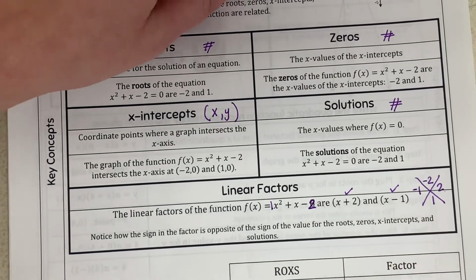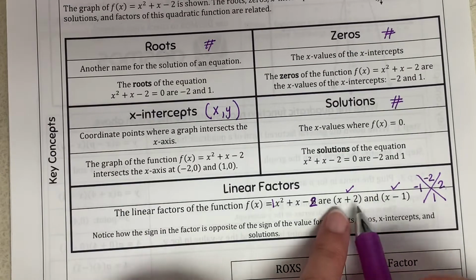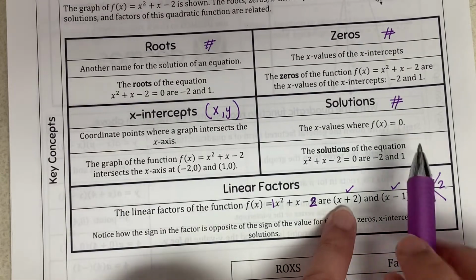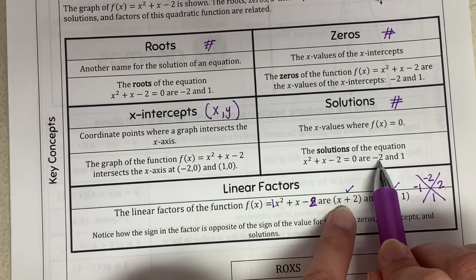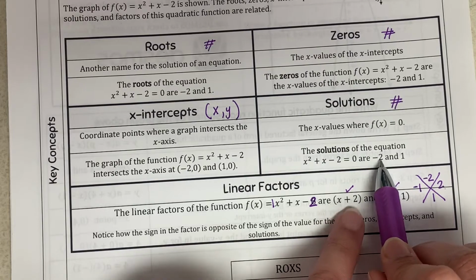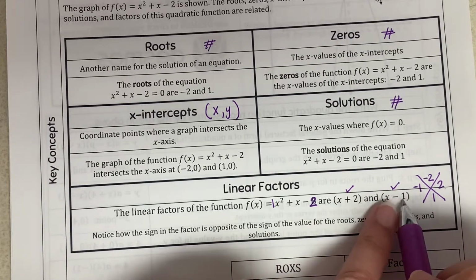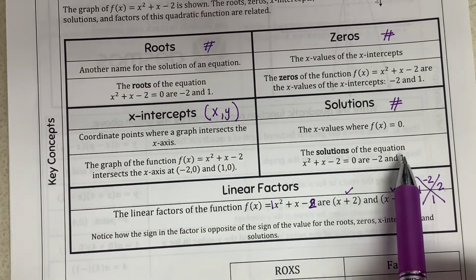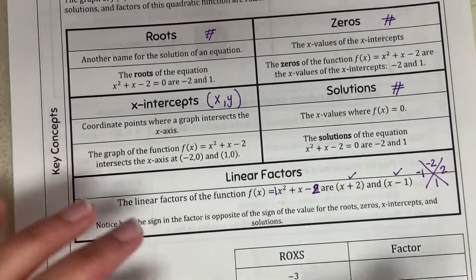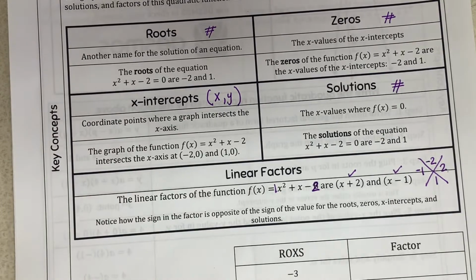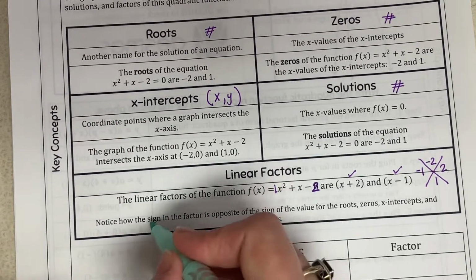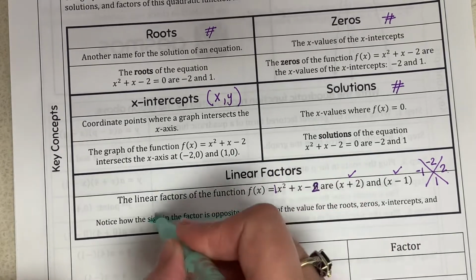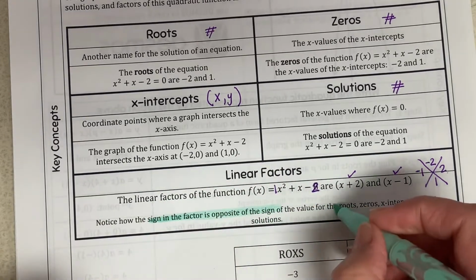Now I want you to pay attention that your factor is a plus 2, but your 0 or x-intercept was negative 2. If your factor is negative 1, your 0 is 1. Or solution or x-intercept is 1. So your rocks basically are opposite of factors when I'm going to write them out. So notice how the sign in the factor is the opposite sign of the value of the rocks.